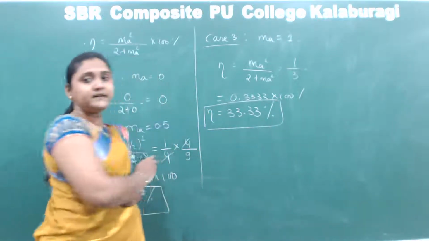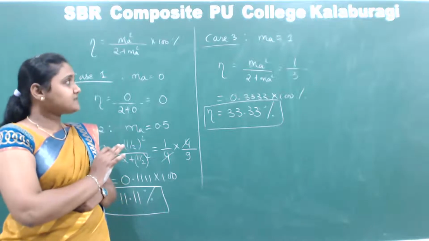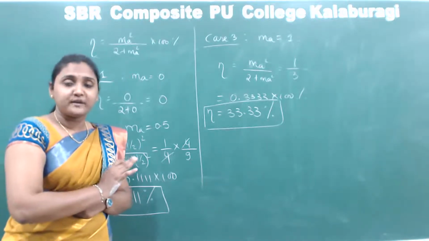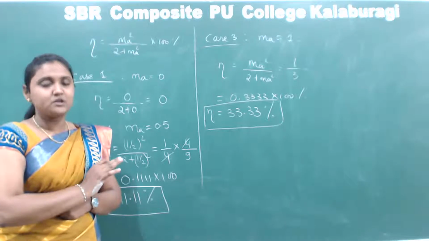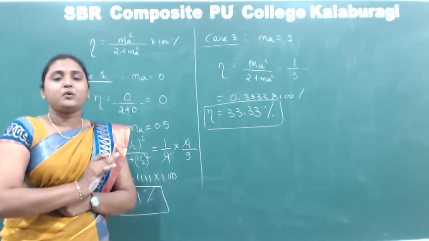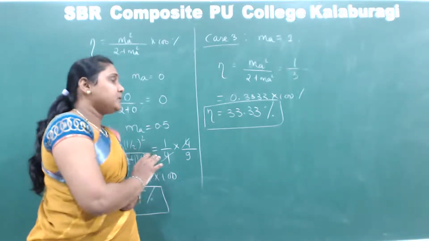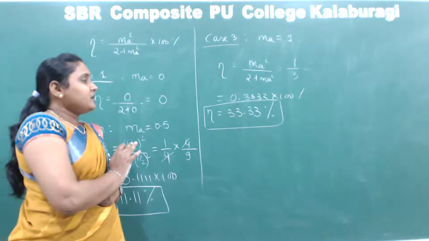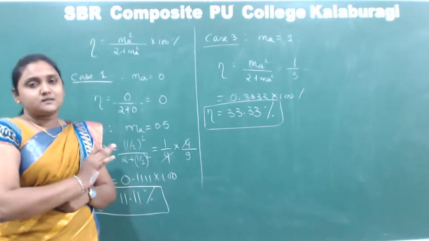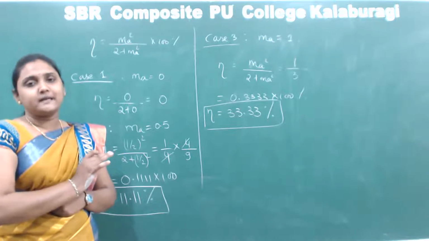So when MA is equal to 1, that is perfect modulation, 100% modulation, the efficiency is 33.33%. The remaining 66.66% is simply of no use because it is just the carrier signal.